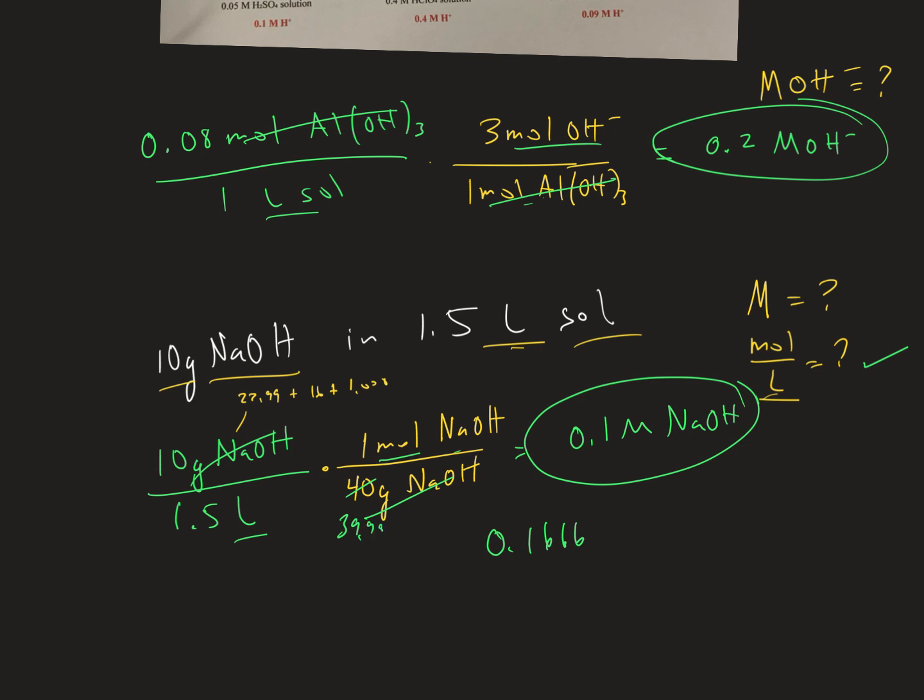Okay, so let's do it again. You're probably right. Maybe I made a mistake. So I rounded this wrong? Okay, yeah. If we get this and round it to 1 sig fig, it should be 0.2 molar solution. You're right. Thank you.